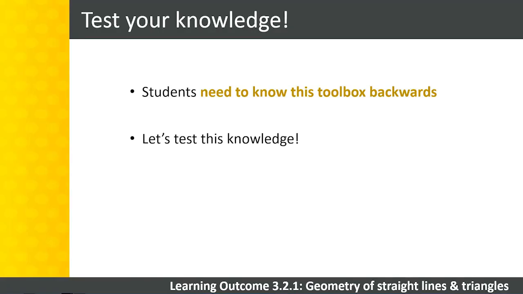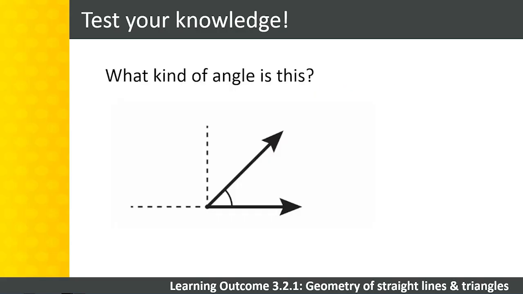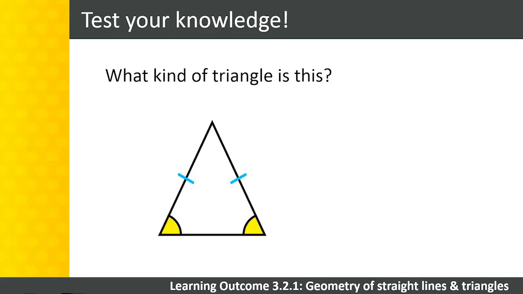Let's quickly test our knowledge on straight line and triangle geometry. We're going to do an activity that you could try in your classes. In each case, call out what kind of angle or triangle fact you see. What kind of angle is this? It's an acute angle. What kind of triangle is this?